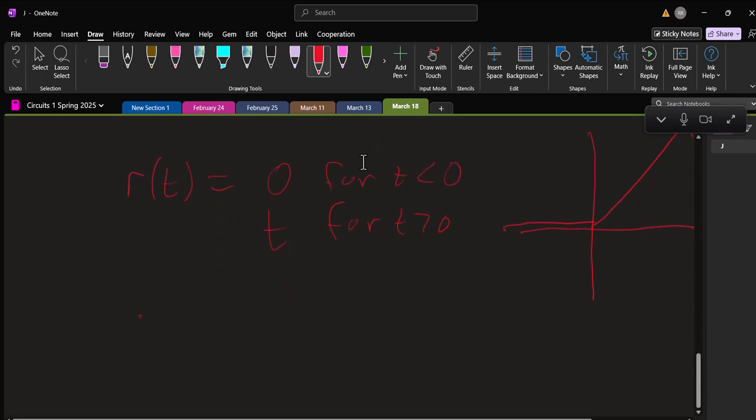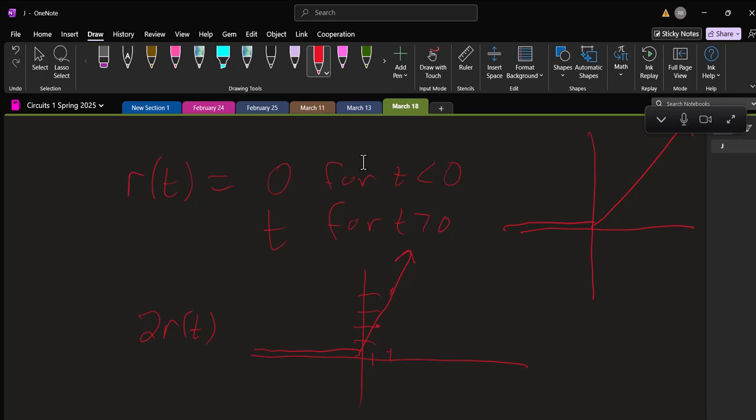And so if I had 2r of t, then that would have a slope of 2. So the ramp function gives something a slope. So that would be that one.